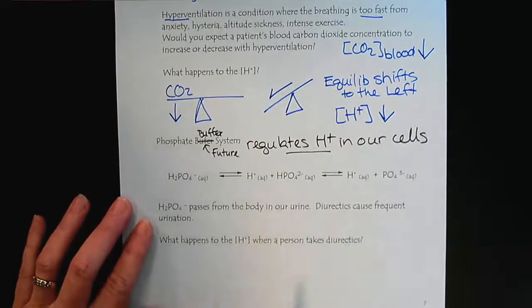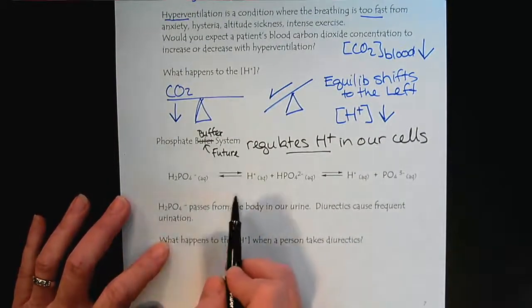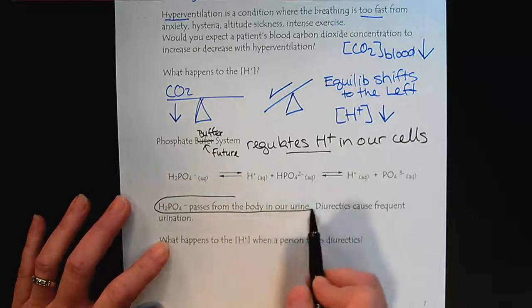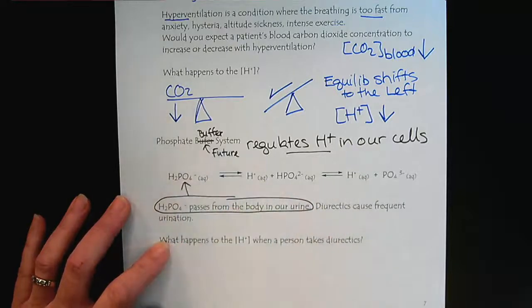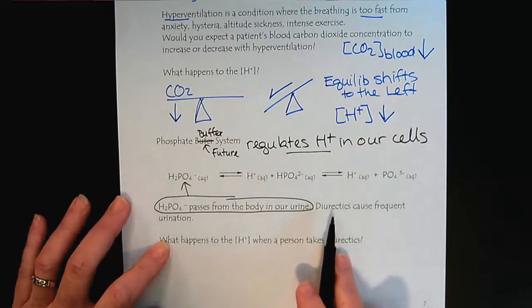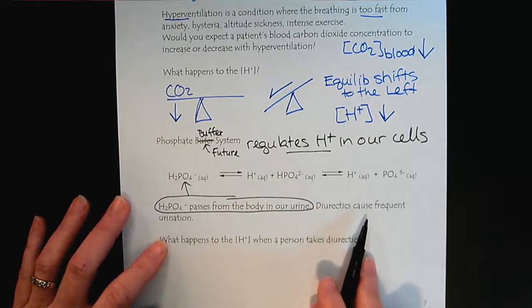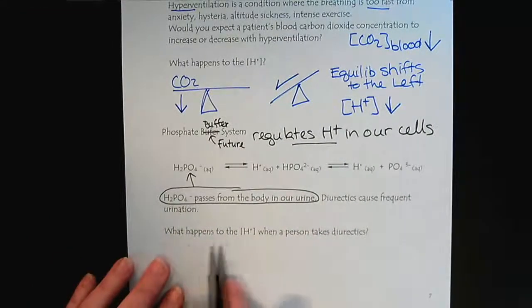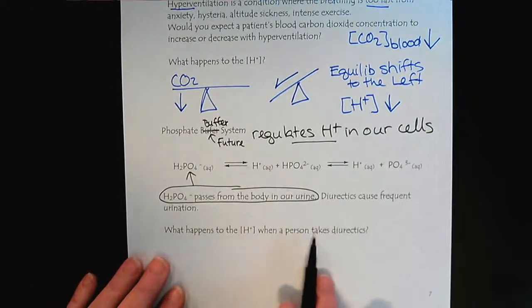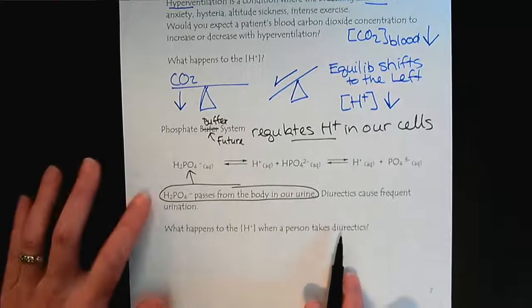Alrighty. Now, the dihydrogen phosphate passes from the body in our urine. Diuretics are substances that will cause frequent urination. So what happens to the hydrogen ion concentration when a person takes diuretics?